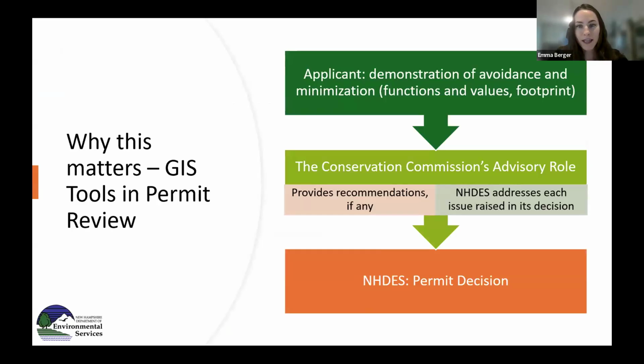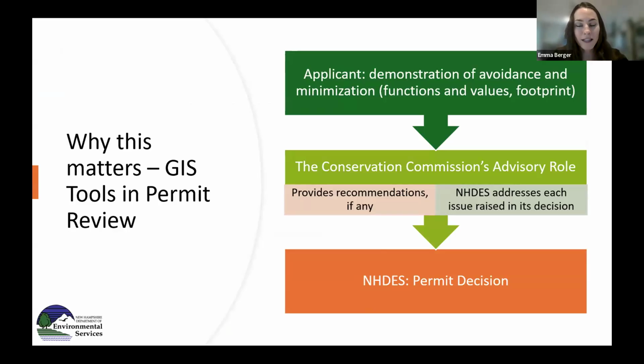Again, the applicant is tasked with demonstrating avoidance and minimization. Your role, you can provide recommendations to NHDES, and any comments that you provide to the Wetlands Bureau in the permitting process, NHDES by statute must make detailed findings referencing that.